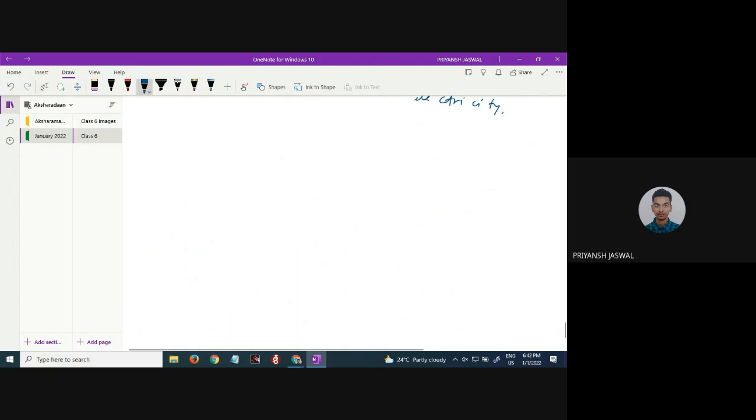Let me just give another example for this. Take two identical components, just two terminals. Say this is conductor 1, C1, and this is conductor 2. Identical means their size is the same, the length, breadth, the physical dimensions, they are the same.